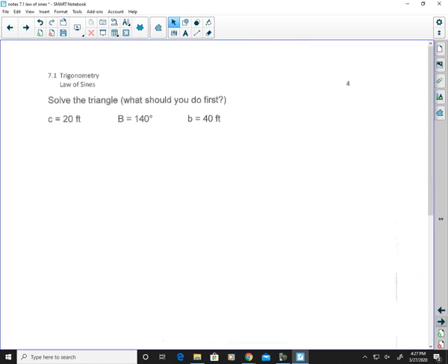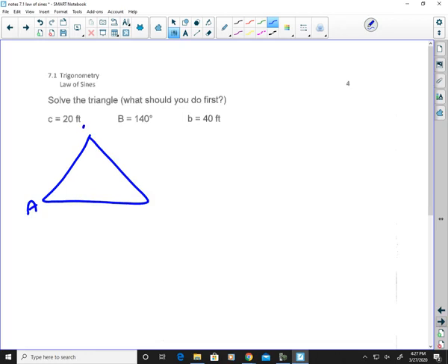First step, draw a triangle. This is a 140-degree angle at angle B. Side C is 20 feet. Side B is 40 feet.